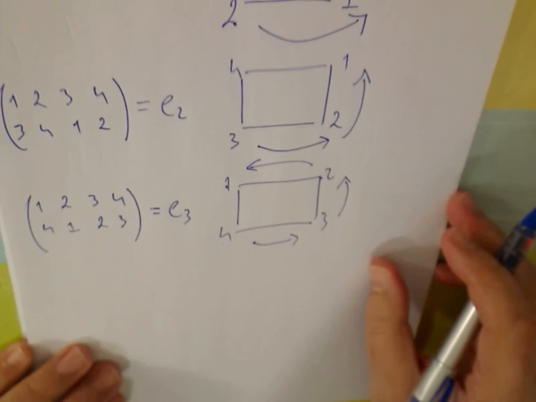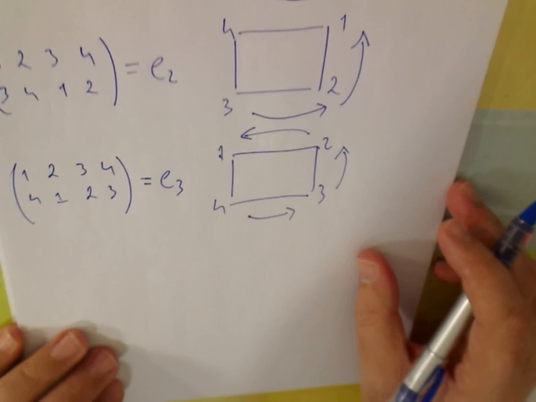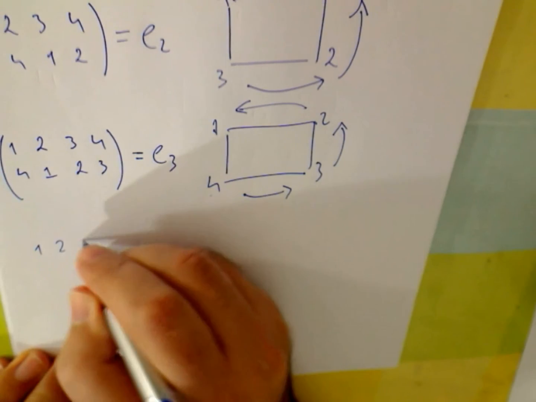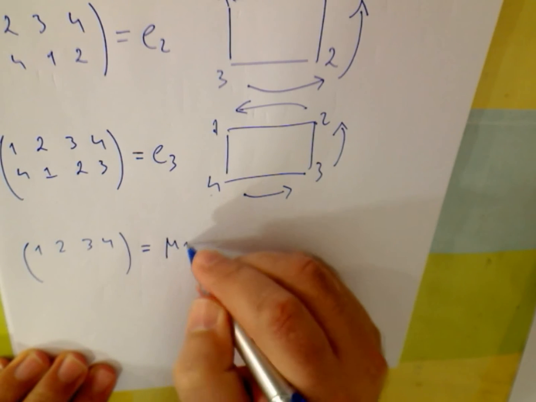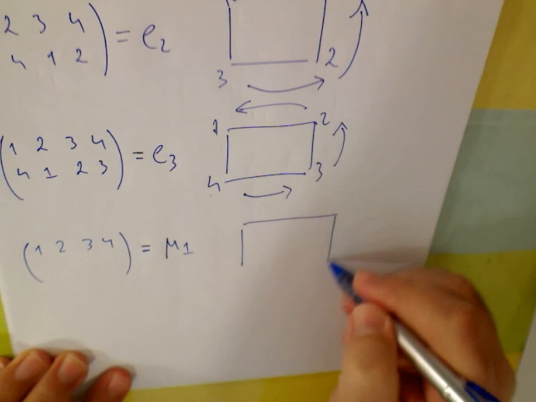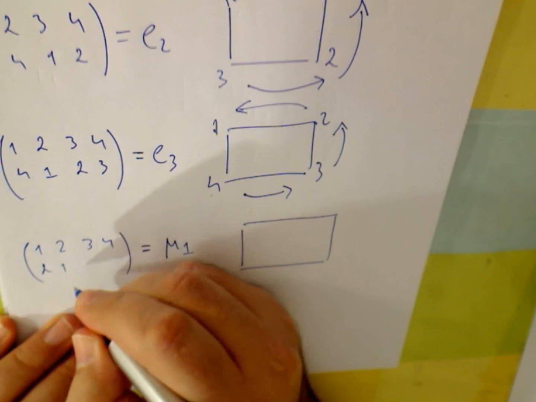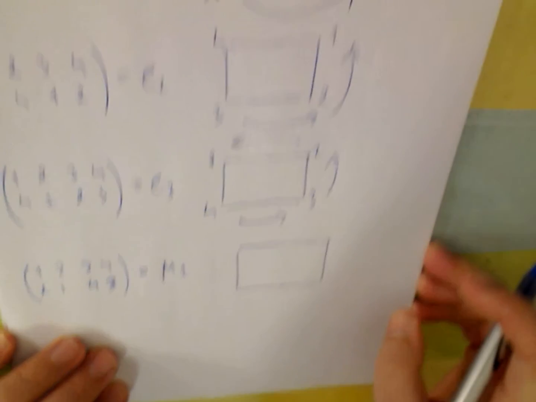And we also have mirrors here. So 1, 2, 3, 4. I'm going to call it M1, which gives 2, 1, 4, 3.